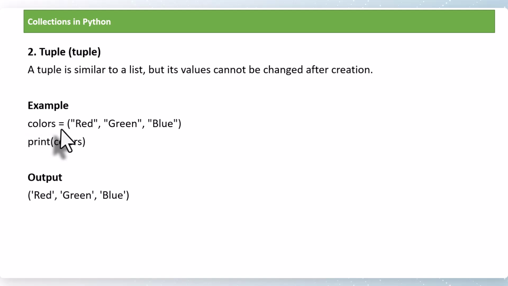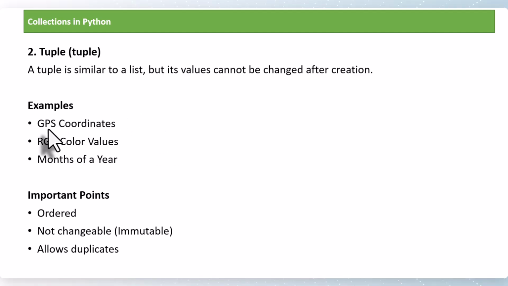If you take colors equal to the parenthesis, to create a tuple, we are going to use this parenthesis. All the items are separated with comma operator. If you print colors here, all the items will be printed like this. Remember, list is created using the square bracket, but tuple is created using the parenthesis.